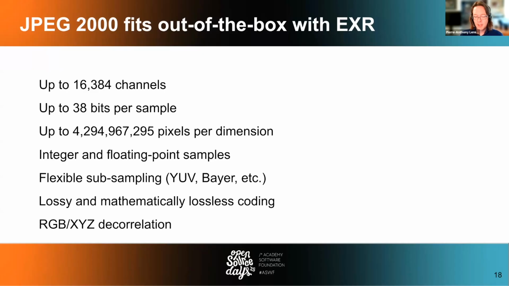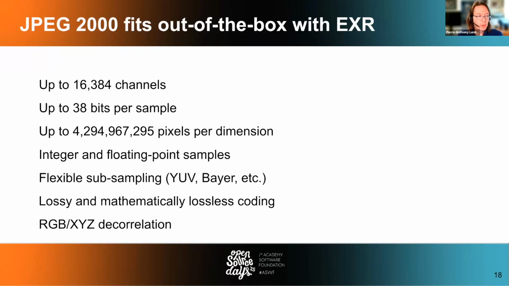Typically there's a lot of redundancy across the R, G and B channels, and by decorrelating them, a simple way of doing that is by converting them to YUV or YCbCr, you gain in compression ratio by basically isolating the energy into one channel. That's also supported by JPEG 2000 out of the box, but as we'll see later, it's possible to do even better.